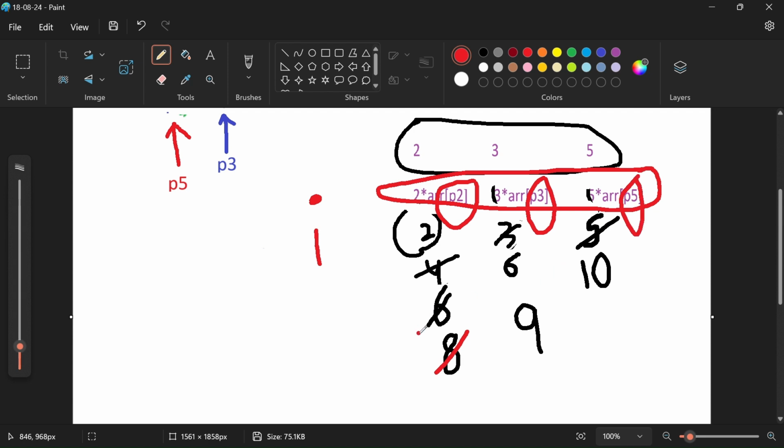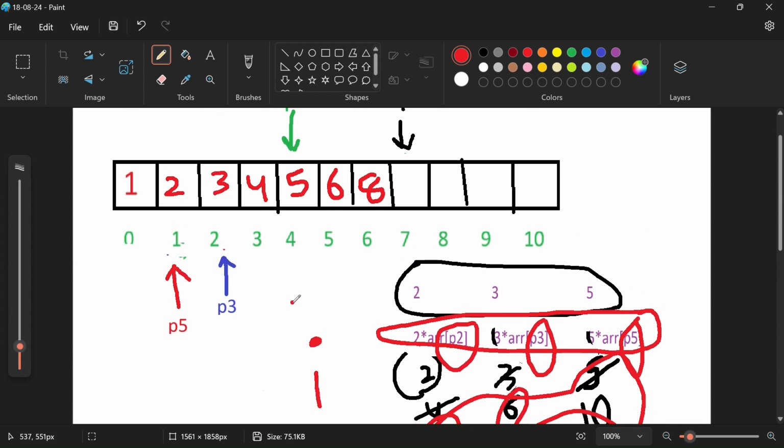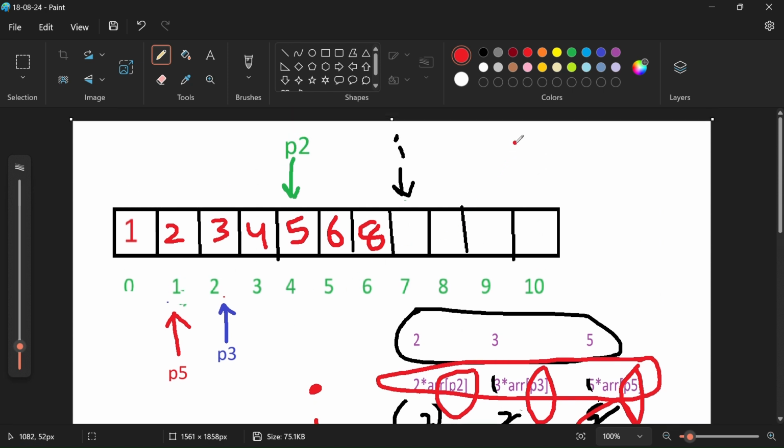In the previous case we had 6, 6, 10, so two pointers have 6, and we have to update both pointers. That's the approach, guys. We have to find up to n elements, so we iterate from 1 to n and return the last element of the array.